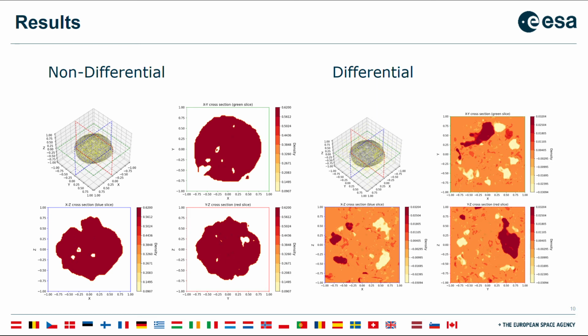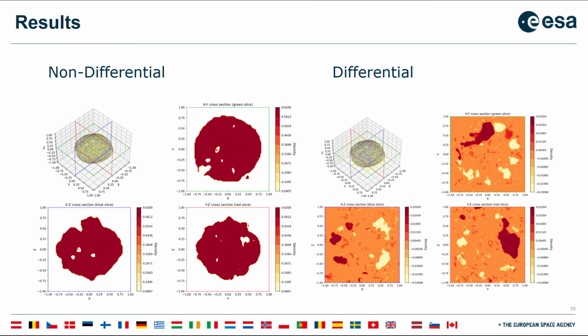And here the 3 color-coded pictures are then cuts through the 3D prediction of the density. And we see here 2 things. First, that there are some artifacts from the network training, but also that very roughly the shape of Bennu is recovered with this equatorial bulge without having used any shape models.